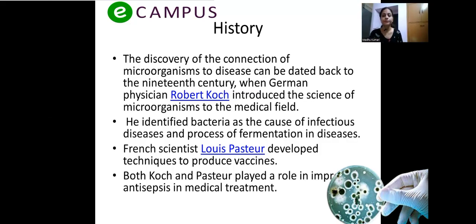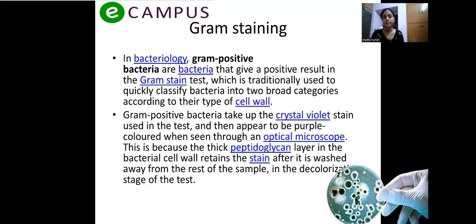Clear? So Robert Koch was the first scientist who introduced microorganisms in medical science and identified bacteria as a causing agent of infectious disease, and Louis Pasteur developed techniques to produce vaccines.